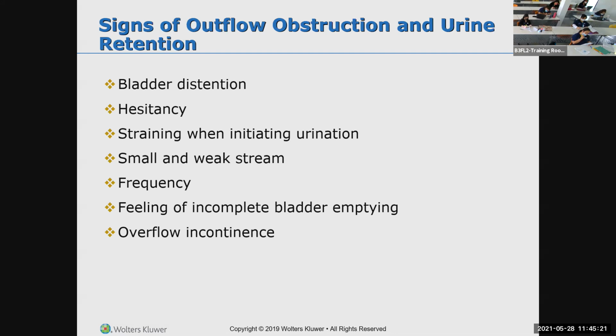These are all important findings when the person is suffering from obstruction or urinary retention. We take history, and a feeling of incomplete bladder emptying. And the last one we call overflow incontinence.